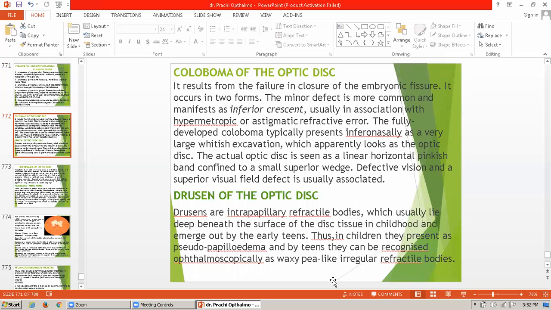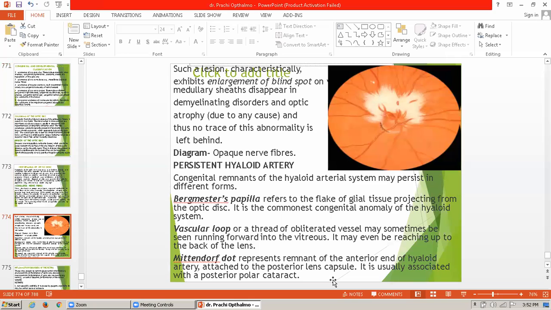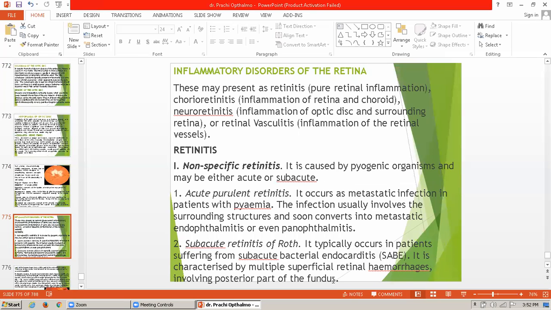Then the coloboma of the optic disc, drusen of the optic disc, hypoplasia of the optic disc, medullary nerve fibers, and persistent hyaloid artery, that is Bergmeister's papilla, vascular loop, and Mittendorf dot. So, in the next lecture, we will continue ophthalmology with the inflammatory disorders of the retina. So today we stop here.